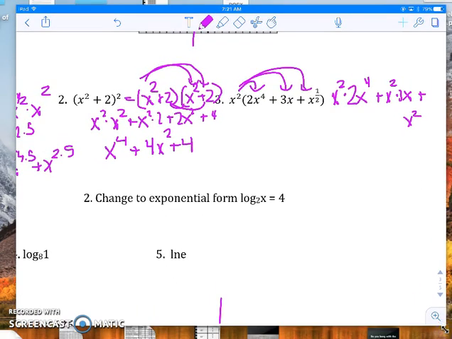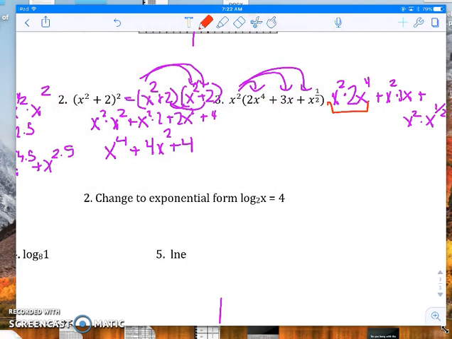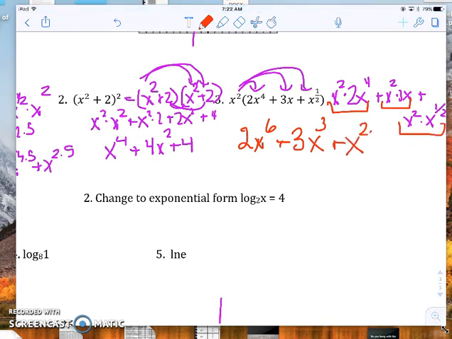And where were we at? So if we combine these, 2x to the 6th plus 3x to the 3rd plus x to the 2.5.